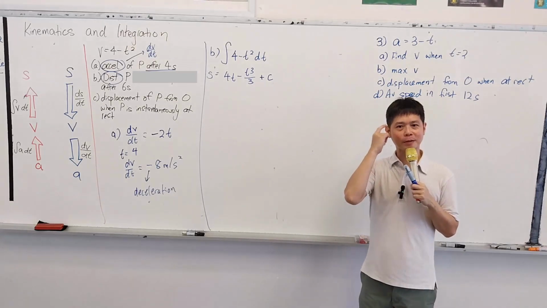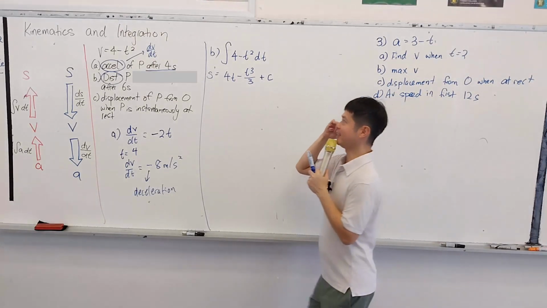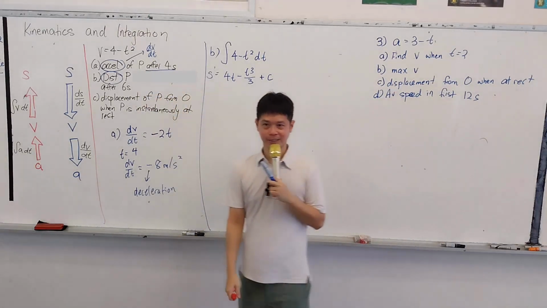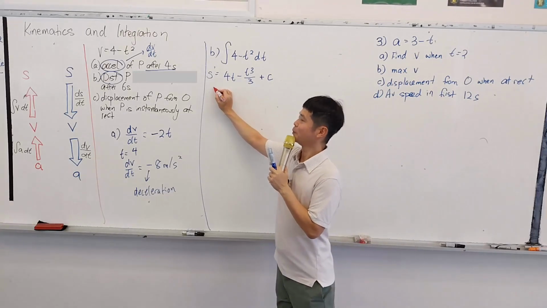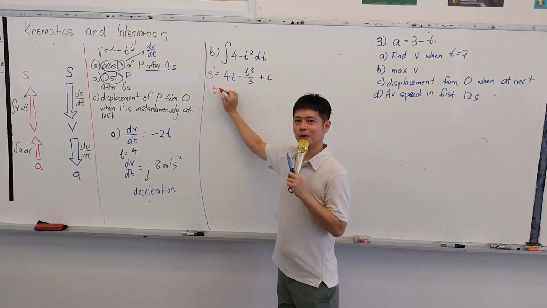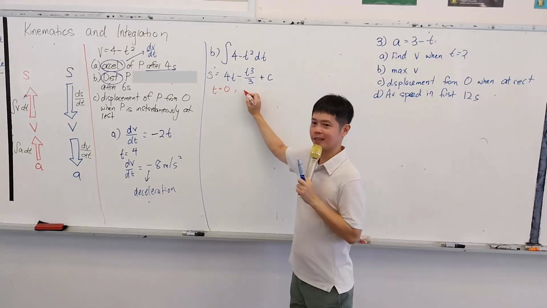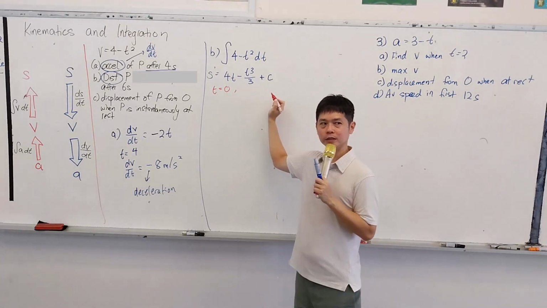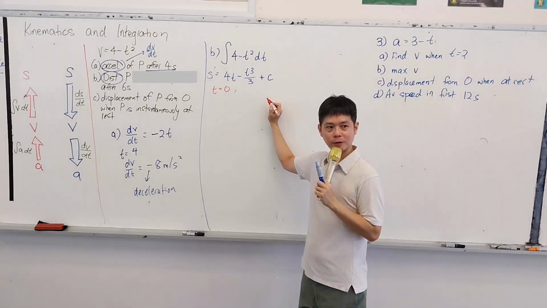Your mind must be thinking, I need to sub s and t, right? Your mind must be thinking, I will use 6, right? But no, it's not. So what Jimmy just said? When t was 0, that's where I started. And look at the question.